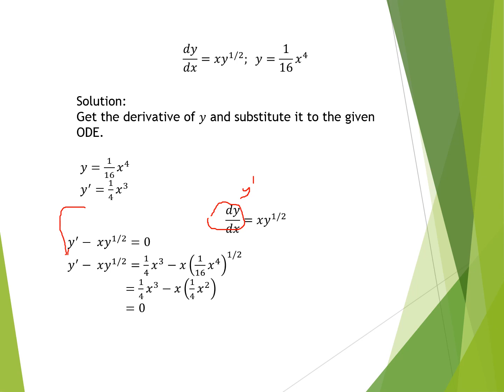So 1/4 x cubed minus x times y to the 1/2, that is 1 over 16 x to the 4th to the 1/2. That's 1/4 x cubed minus the square root of 1 over 16, which is 1/4, times the square root of x to the 4th, which is x squared. This is also 1/4 x cubed, and the result is 0. It means that y equals 1 over 16 x to the 4th is a solution of this DE.